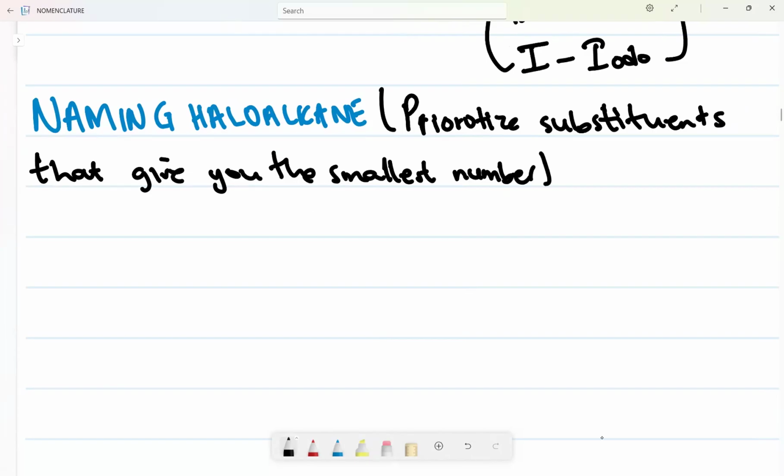What do I mean by that? A substituent can either be a branch or a halogen. This is what we refer to as a substituent. It can either be a branch or a halogen.